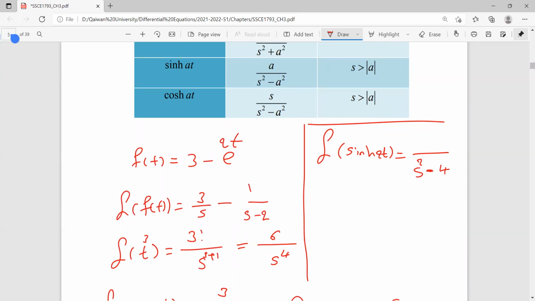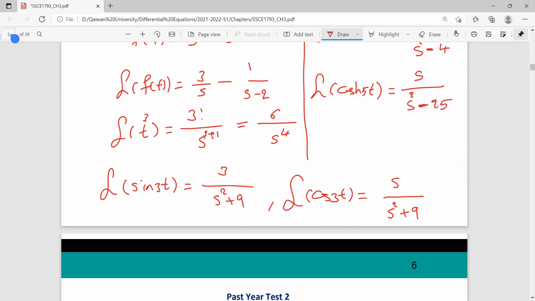It's a divided by s squared minus a squared. And the Laplace transform of cosine hyperbolic of, let's say, 5t, it equals s divided by s squared minus 25.